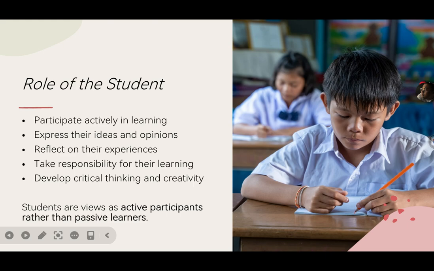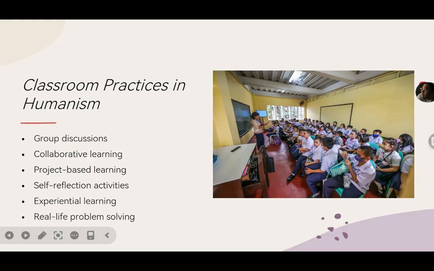The students are active participants, so they share ideas, reflect on experiences, take responsibility for learning, and develop critical thinking and creativity. For the classroom practices or examples, we have group discussions, collaborative learning, project-based learning, self-reflection activities, and experiential learning, real-life problem solving.